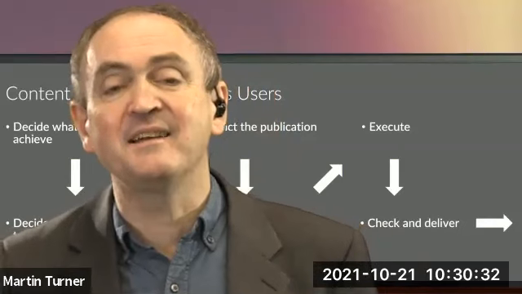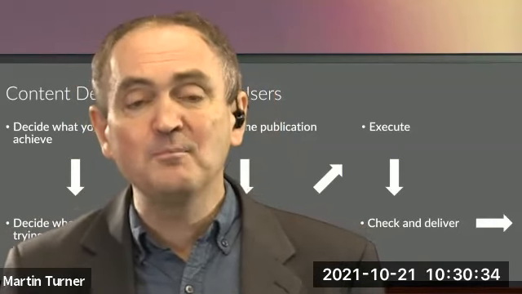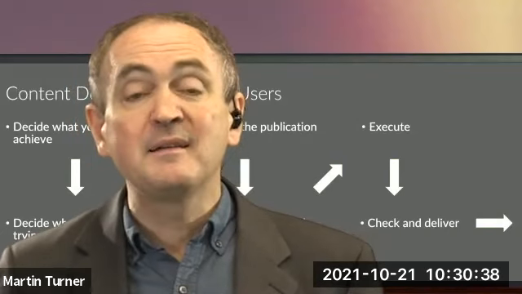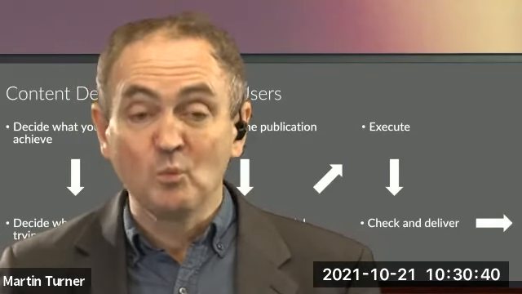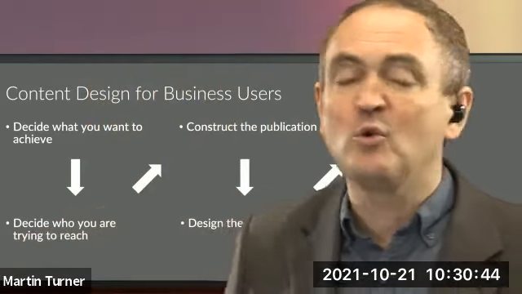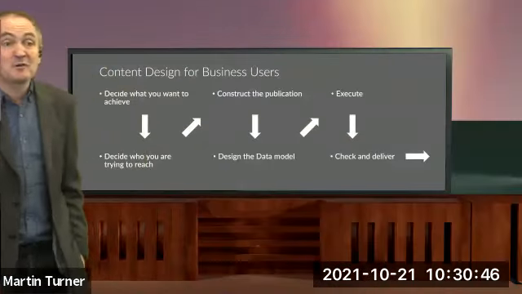And then check it. Again, it's an important part. The data guys have got to check it. You've got to check it, because everything which is not checked will be wrong. And then finally, you deliver it. And you can use a simple model or other models. The data guys may have their own models.